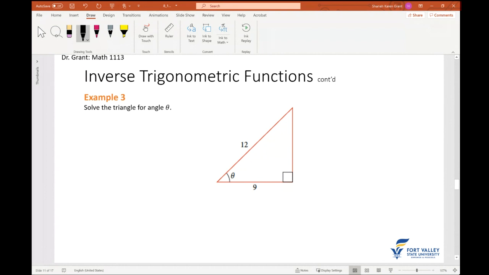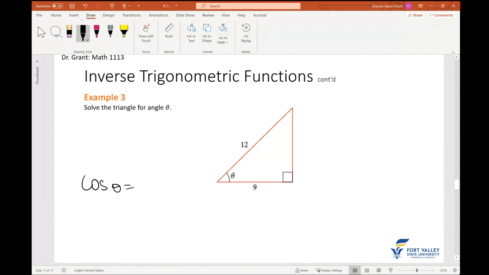Notice that the hypotenuse is given as 12, and one leg is given as 9, which is your adjacent. And the trig ratio that involves your adjacent and your hypotenuse is cosine.